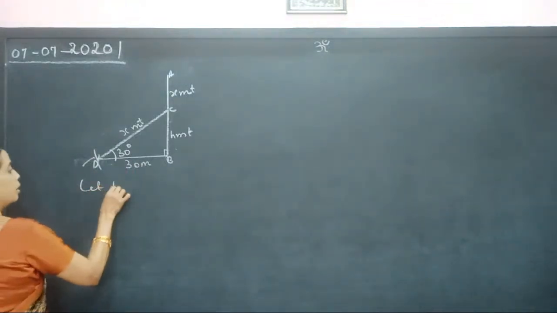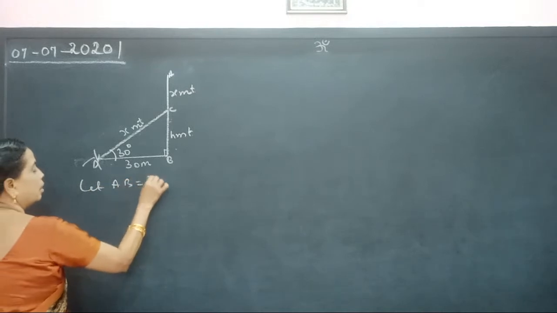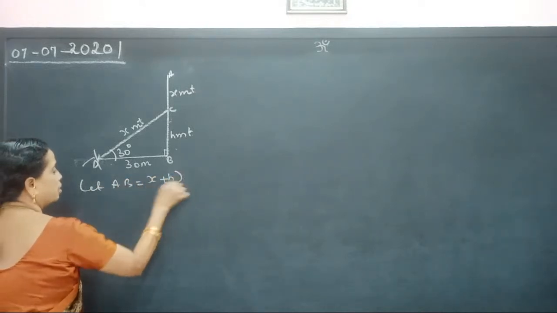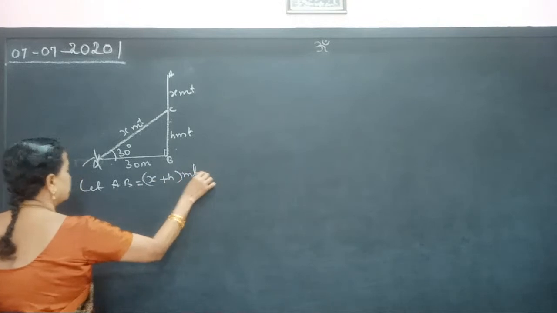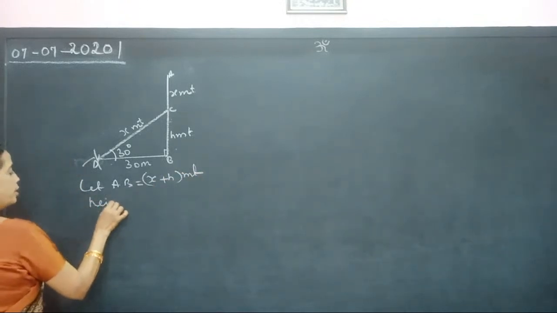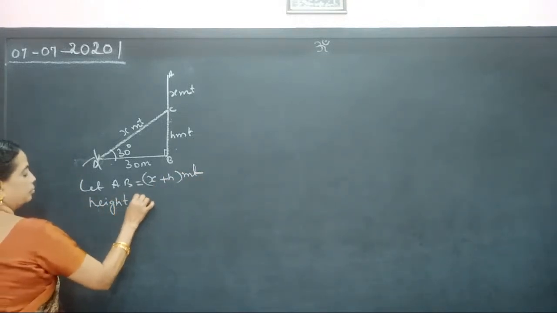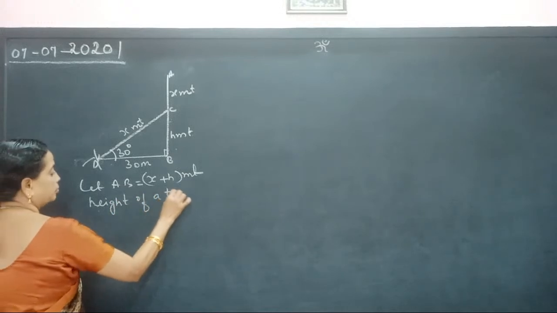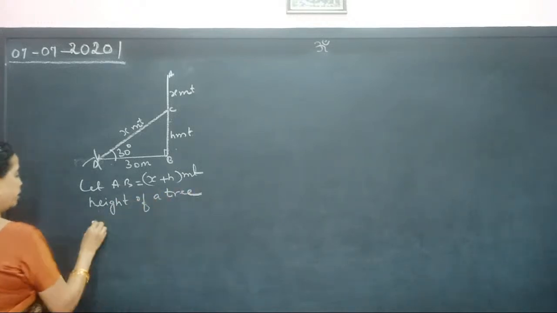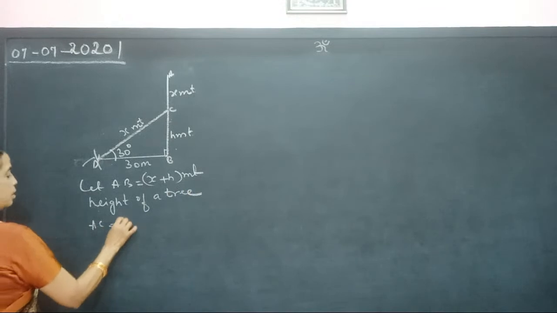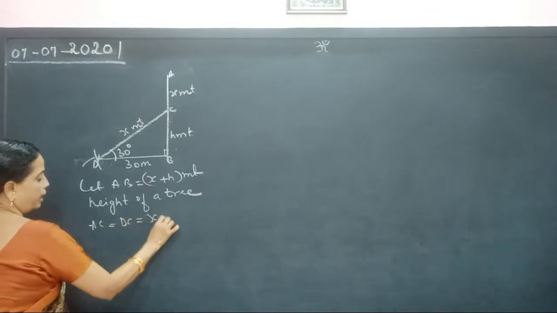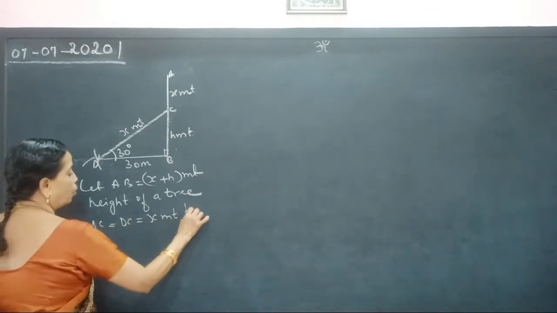So below the figure you write the description. Let AB equal x plus h meter, height of the tree. Then AC equals DC equals x meter, the broken part.